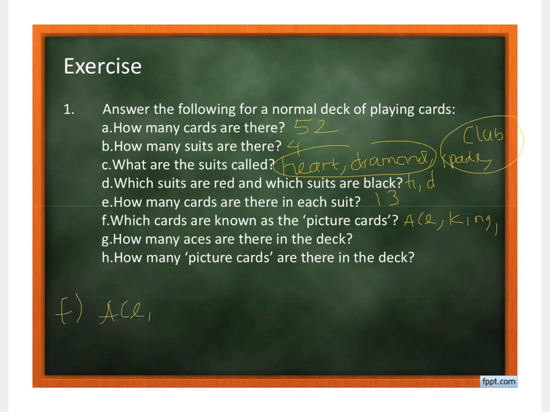Ace, king, jack, and queen. How many aces are there in the deck? There are 4 aces: heart ace, diamond ace, spade ace, and club ace. How many picture cards are there in the deck? There are 4 aces, 4 kings, 4 jacks, and 4 queens. So it's 4 times 4, 16.